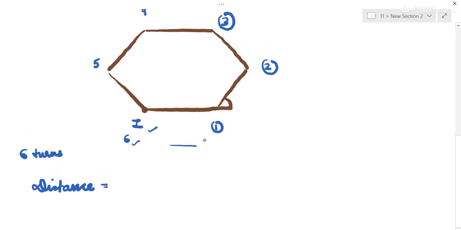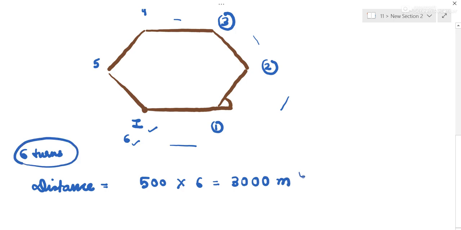So 500 plus 500 plus 500 plus 500, 6 times. So distance is 3000 meters. For 6 turns, distance is this. And what about the displacement? Because he is back to his initial position, displacement is 0. So one part is sorted.